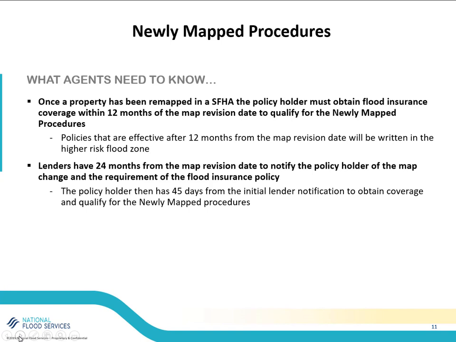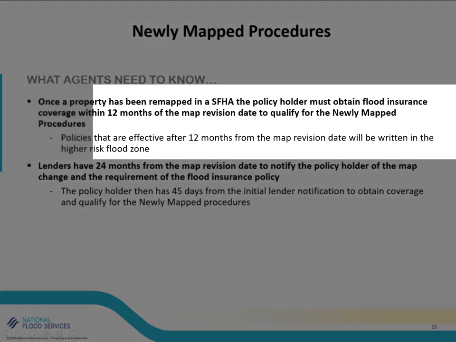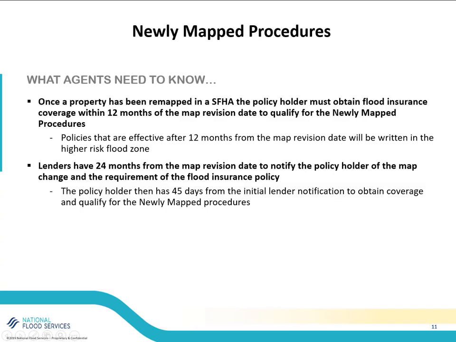Here is what agents need to know about the newly mapped procedures. Once the property is remapped into the special flood hazard area, the policyholder must obtain flood insurance coverage within 12 months from the map revision date in order to qualify for the newly mapped procedures.